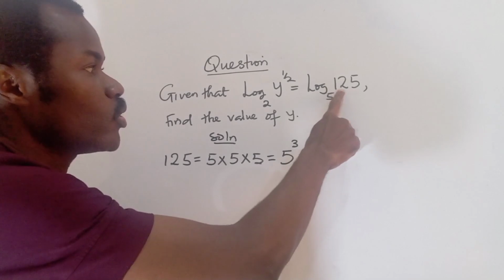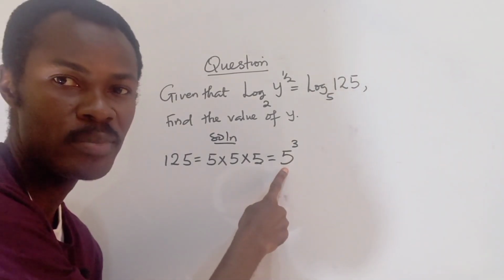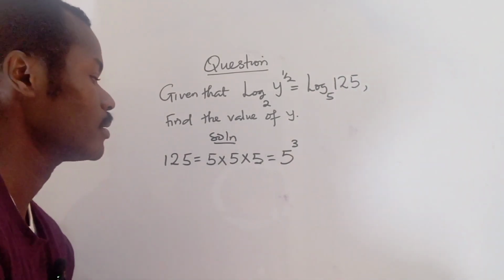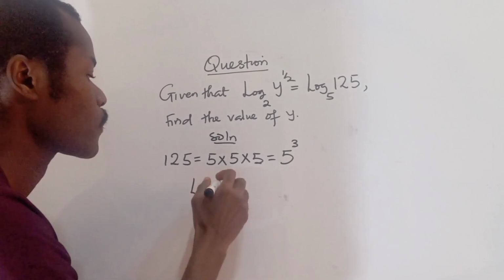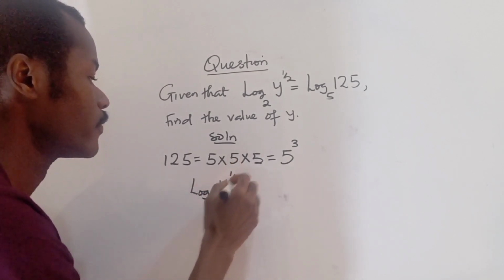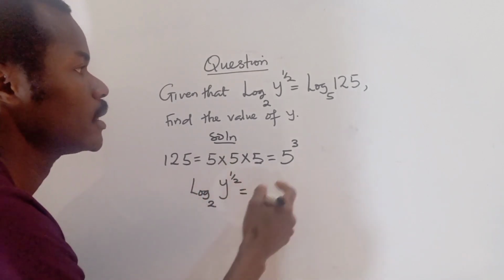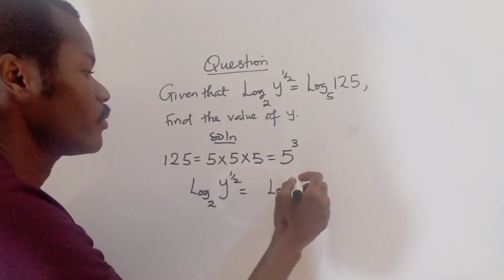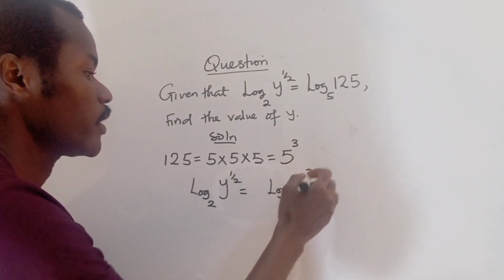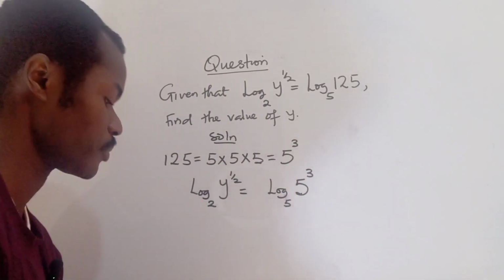So in place of 125, I'm going to replace it with this. This is going to be log y to the power of half base 2 is equal to log 5 to the power of 3 base 5.